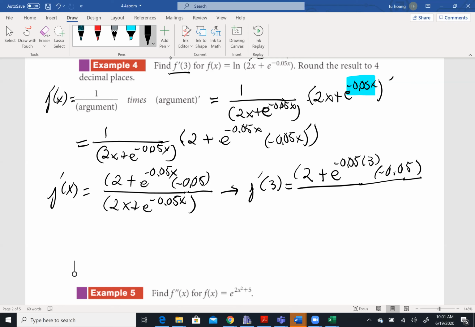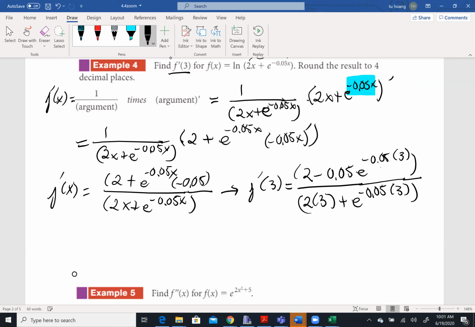You know what? I'm going to combine these two. So I'm going to have minus 0.05 e to the negative 0.05 times 3. That is the top, and the bottom is going to be 2 times 3 plus e to the negative 0.05 times 3.